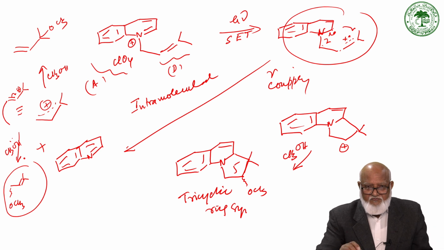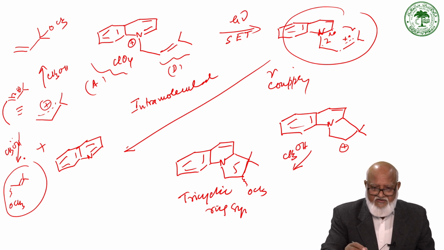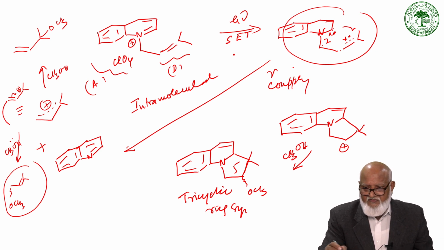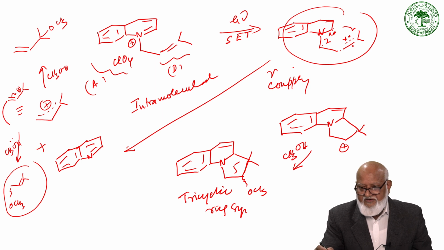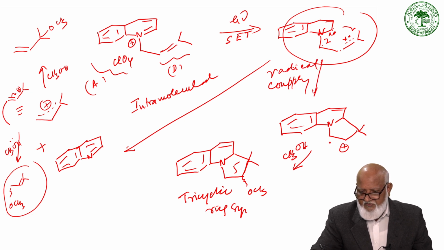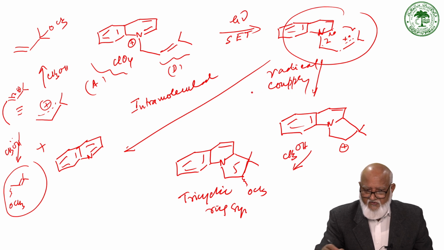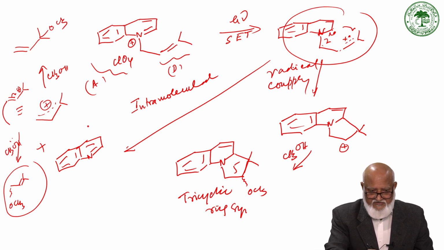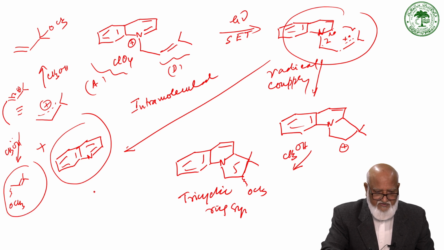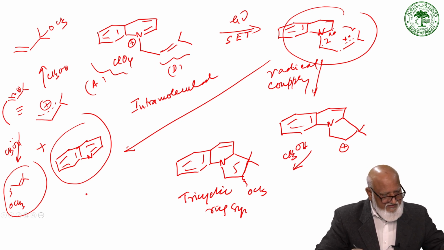So the two pathways are open for this intramolecular single electron transfer reaction with carbon-centered radical and radical cation. This radical may undergo radical coupling to give a cyclized product, or it may undergo fragmentation to give both the side chain as a separate part and the other as a separate part.